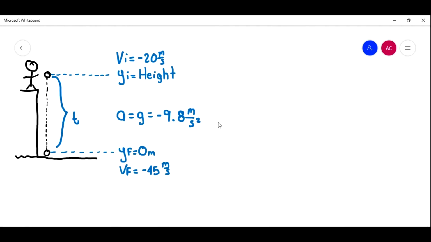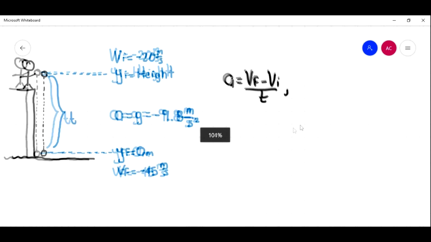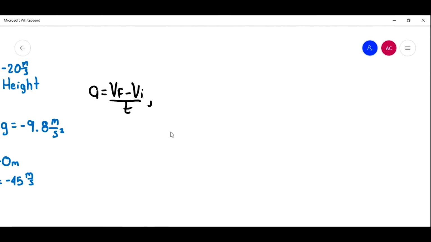Now let's write the formulas. Remember, there is only one segment here in this type of problems. So acceleration equals final velocity minus initial velocity over time. That's the first equation. And the second equation: final position equals initial position plus the initial velocity that multiplies the time, plus the acceleration that multiplies the time squared over 2.